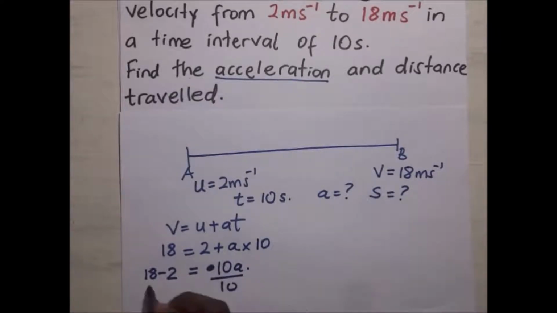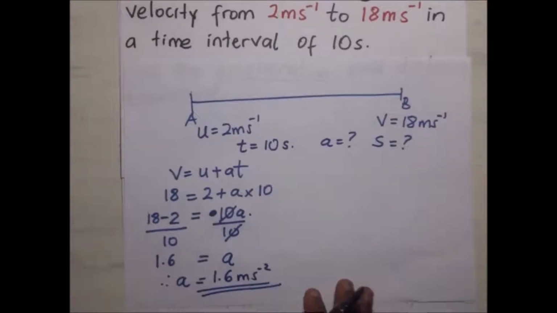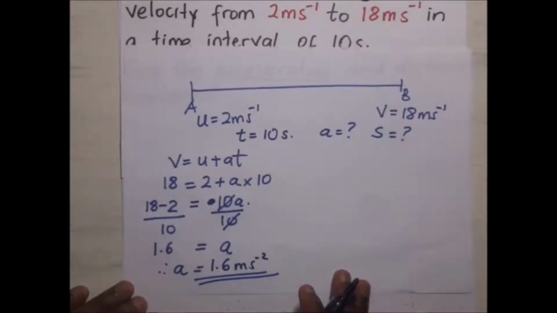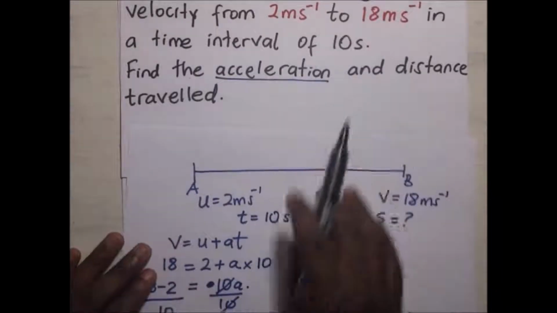Divide both sides by 10, and you have your acceleration as 1.6. So the acceleration is 1.6 meters per second squared.